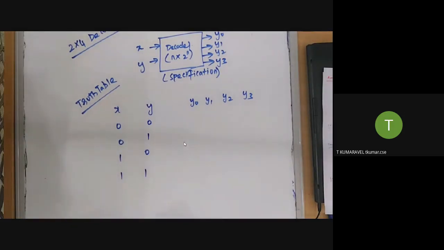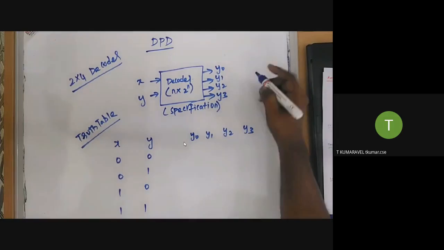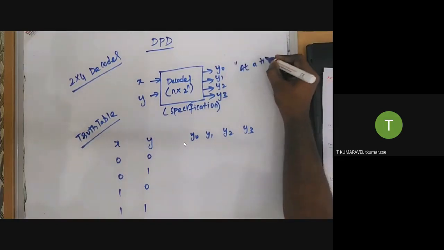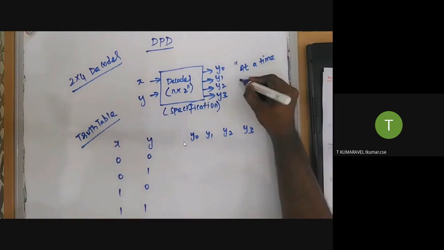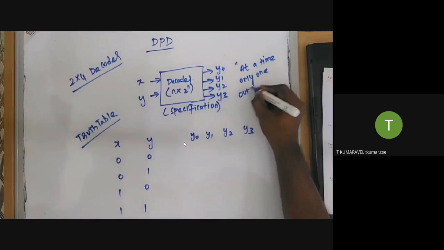Okay. So what is the output definition of a decoder? At a time, only one output is active.